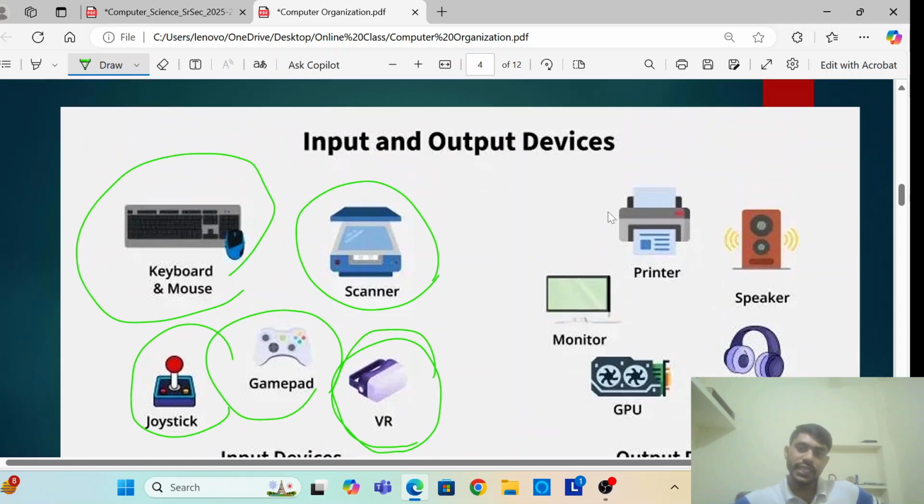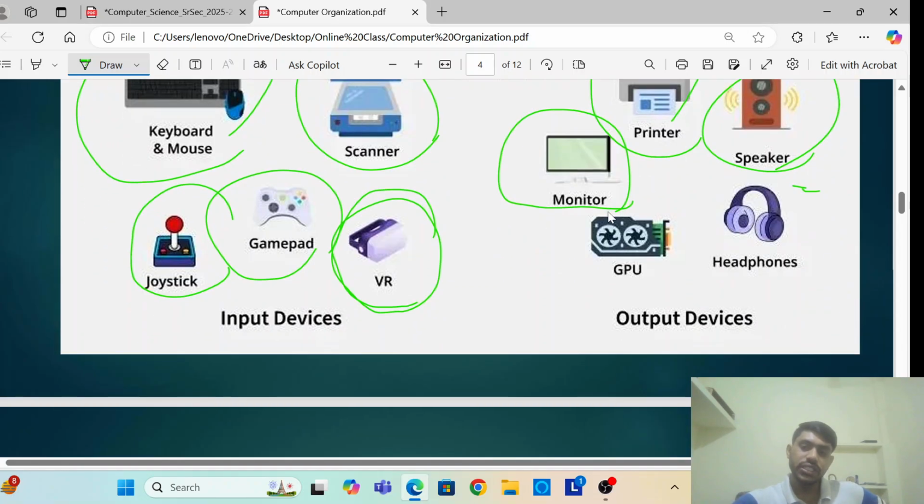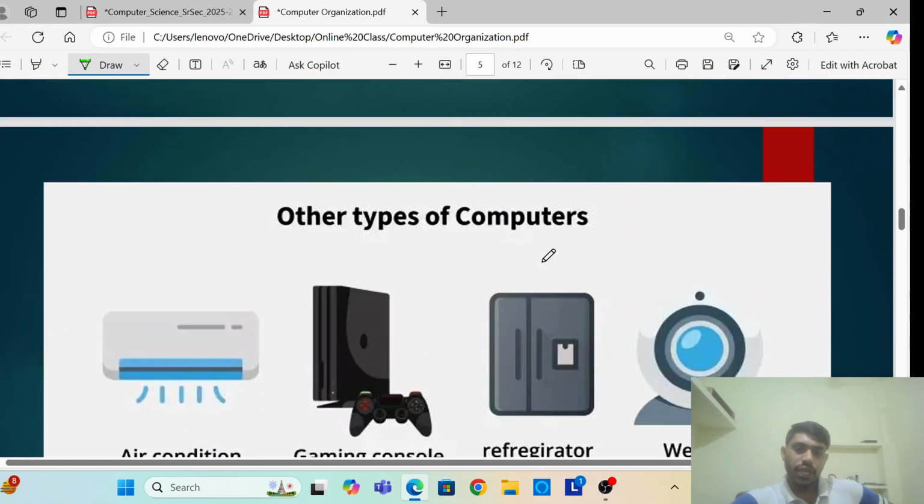Then output devices: monitor, where we are looking at the display, printer for printing, speaker sending out sound, GPU, graphical processing unit, for playing games, headphones for listening to music. These are the different input and output devices we use in the computer system.